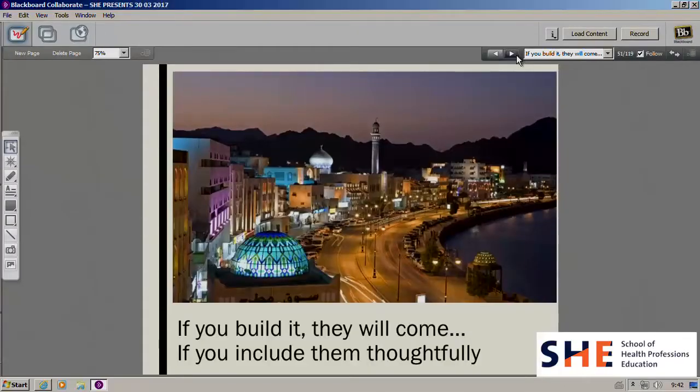As you can see from this very busy diagram, there are multiple arrows, multiple people who are involved, and the ingredients for stakeholder engagement could be, as previously researched, for example, the negativity, the engagement, the relatedness to these issues, the autonomy, the sense of empowerment, and so on. And this is what we would like to look into further. So now we say, if you build it, they will come, but if you include them thoughtfully.